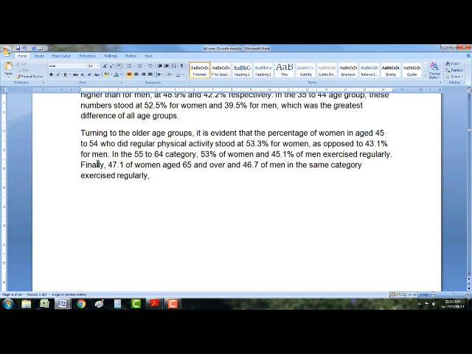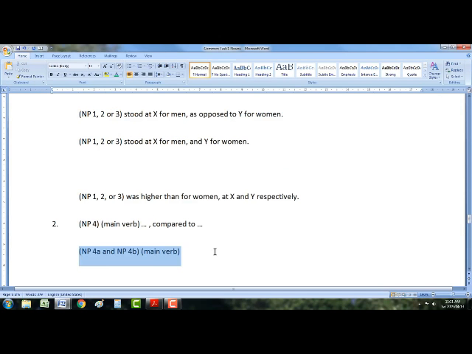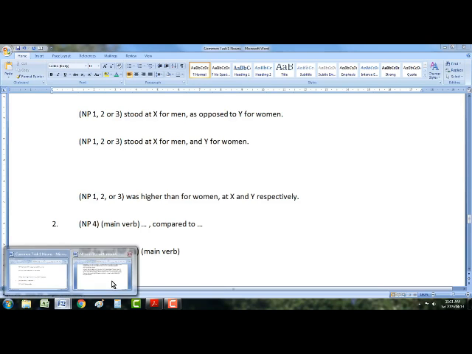Now it looks very complicated. 45.1% and 46% of men, but I've put the age group inside here. And then I've said in the same category. It's still this structure, it's just that I've put the age groups in there, and it makes it look completely different. You'll fool the examiner.